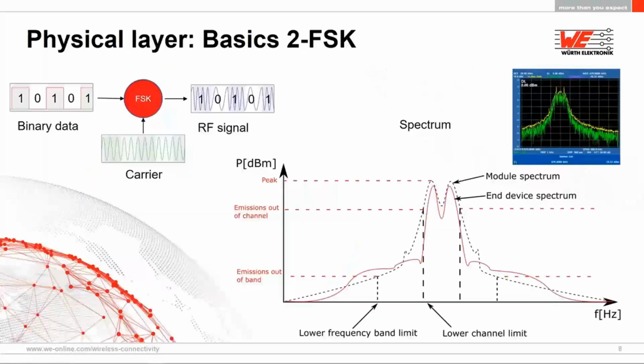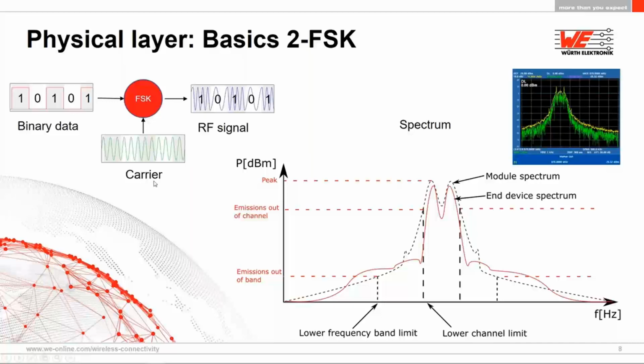Now, let's get to the basics. How do we actually transmit our signal, our data? If you look at the left-hand top here, we have binary data of some sort. We can't just put the bits into the air. We need to modulate them onto a carrier.